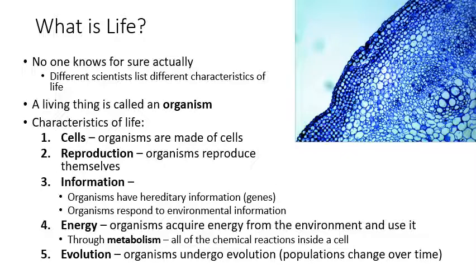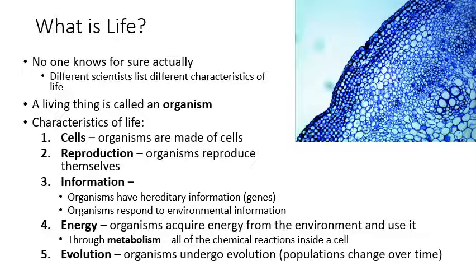The next characteristic is reproduction. So organisms will always be able to make more of themselves in one way or another. And then you have information. There are 2 types of information that organisms will have.